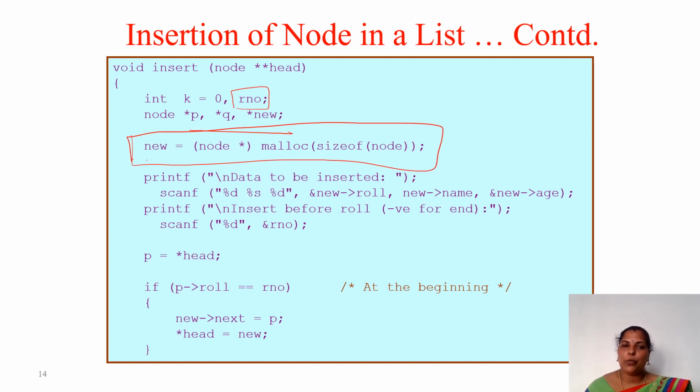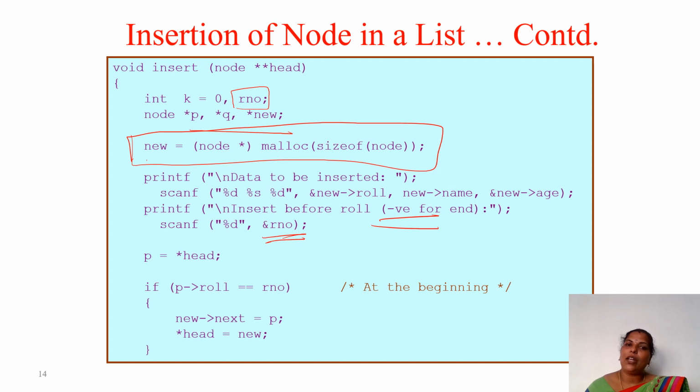Then printf data to be inserted, and for one node we have three elements, so we use ampersand new point to roll, new point to name and ampersand new point to age. Then insert before roll number, negative for the end. If you want to insert at the end, you have to specify a negative value. Scan percentage the roll number.